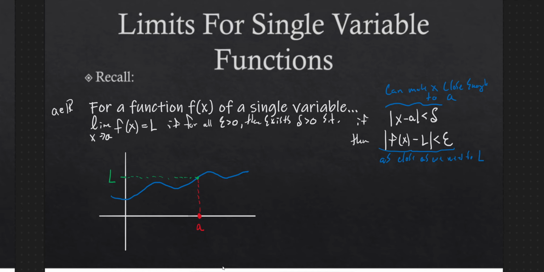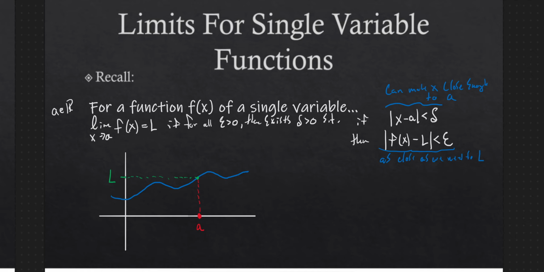That's the idea. But I'll give you another interpretation of this. What exactly is this saying? One way to think about this is, notice that these are distances here. What this is saying is that if we approach a from any direction, since we're in one dimension here along the axis, the only directions we can come from are from the left and the right.